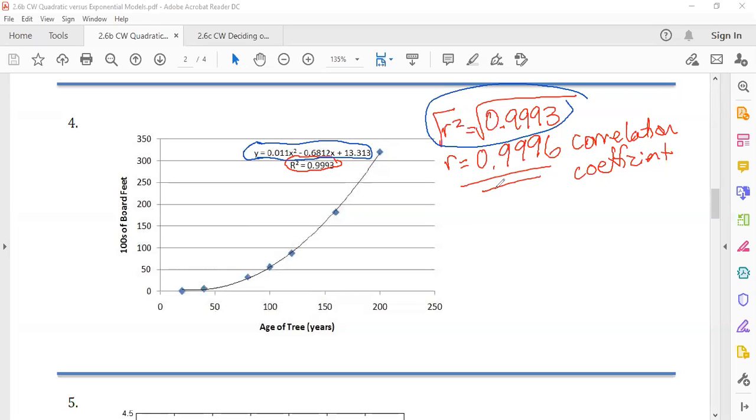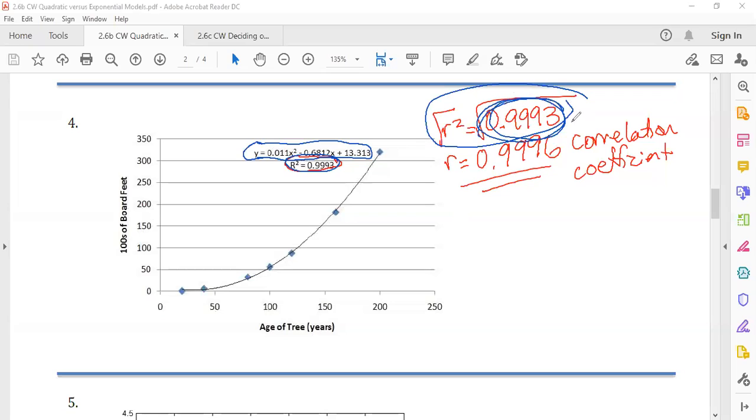And then we have our r squared, which tells us how well our function fits our given data. This is like our regression. So R squared is our regression, and it is also very close to 1.